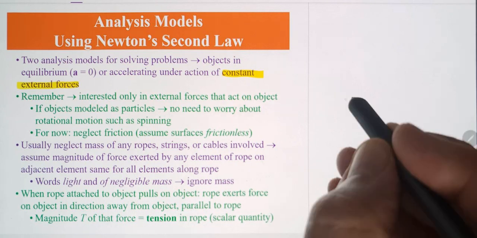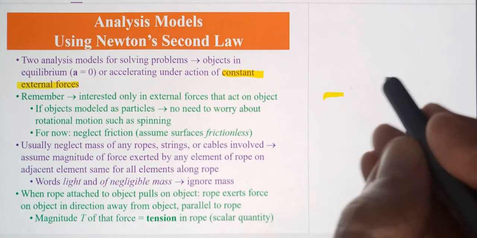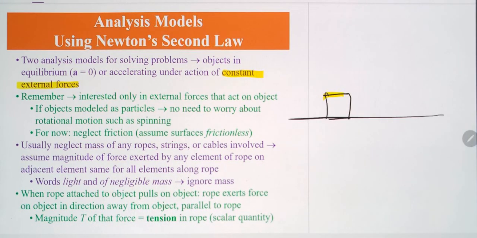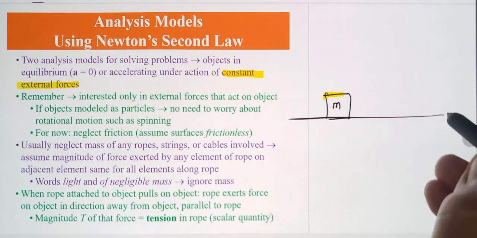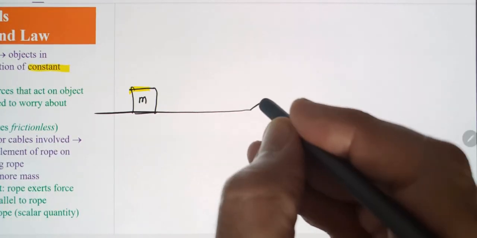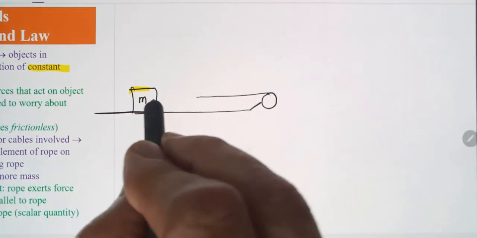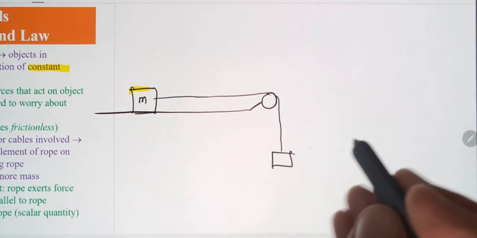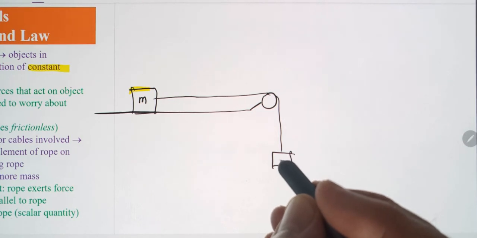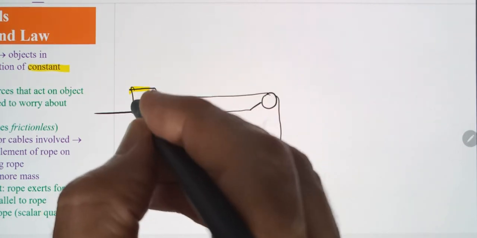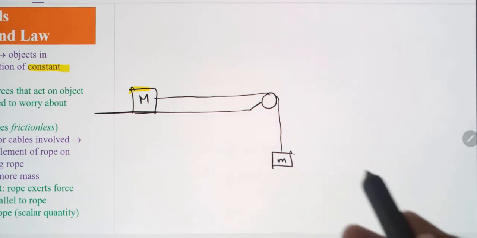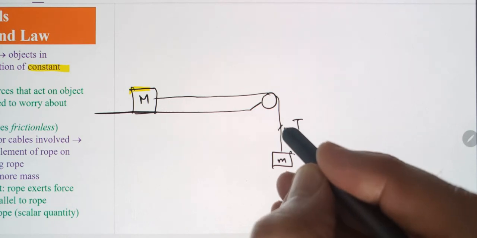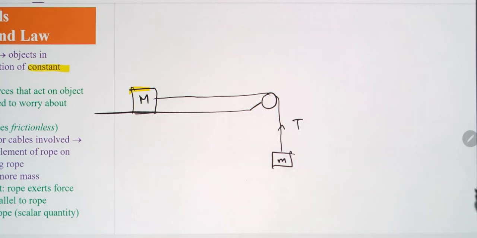Let's give a small example, a very fast one. So this is a mass, and here we have a pulley. And here we have another mass. Let's say this is the capital mass and this is the small mass. So here we have tension. Same scalar quantity, tension.